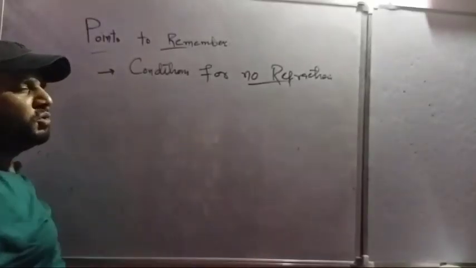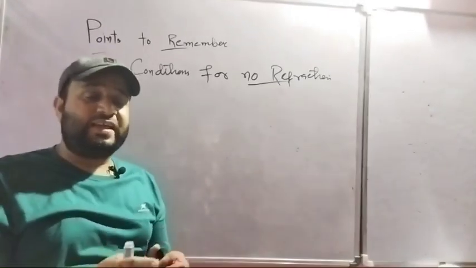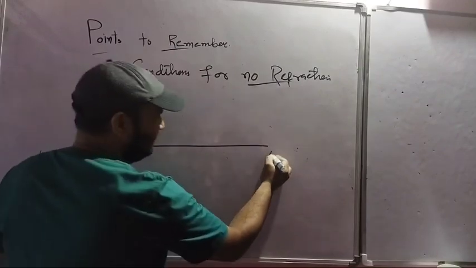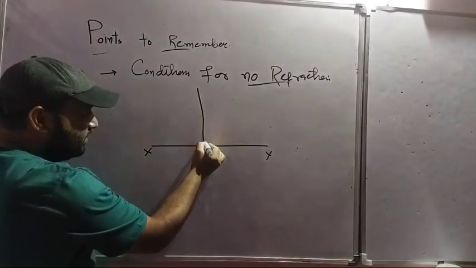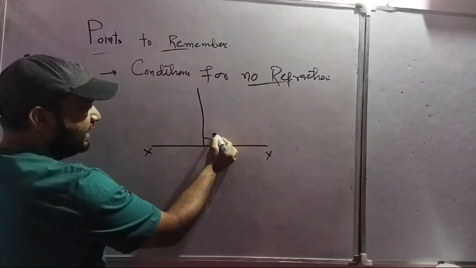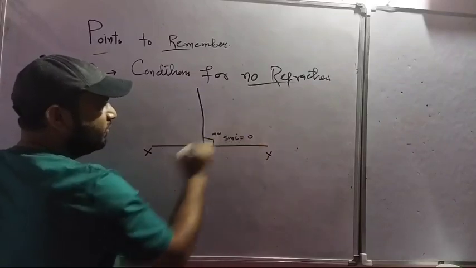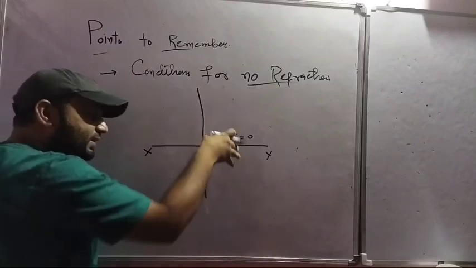Again, you have to remember two points. There are two conditions where you can say that there is no refraction. One point I will write here: suppose xy is the interface. If the incident ray is normal to the plane, beta, what will be the angle with the normal? It is 90 degrees and sine i will be 0, and it will pass into the other medium.